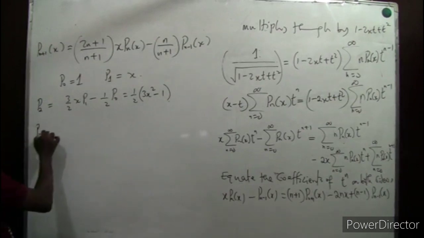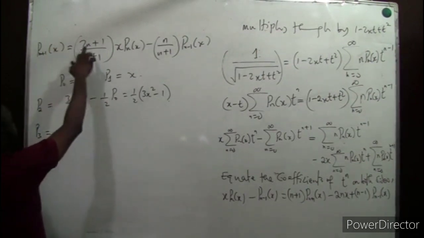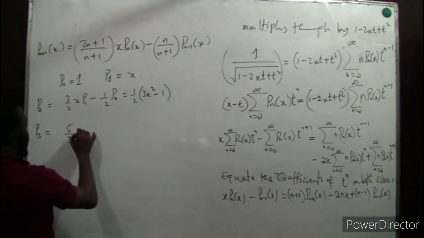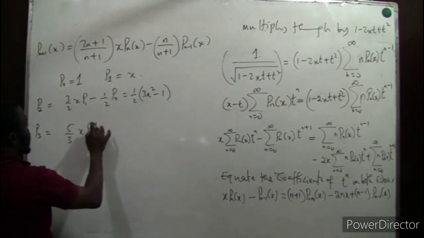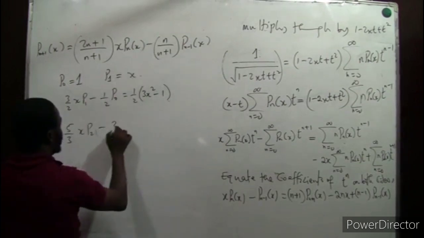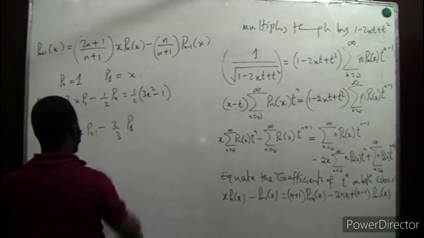P3, I will stop at P3 so that I will not waste much time. It simply means that we substitute n equals 2 here, that gives us 5 divided by 3 x P2 of x minus 2 over 3 P1.